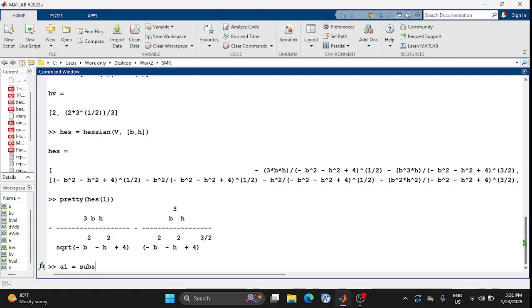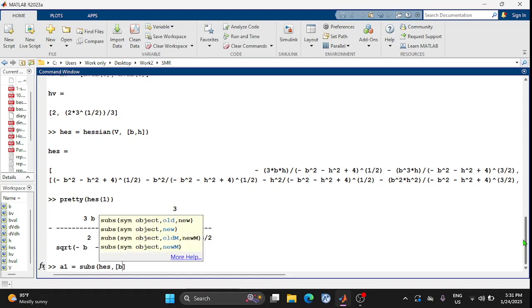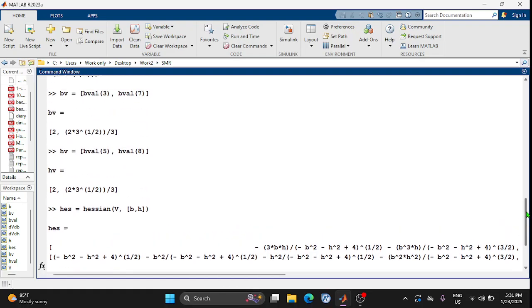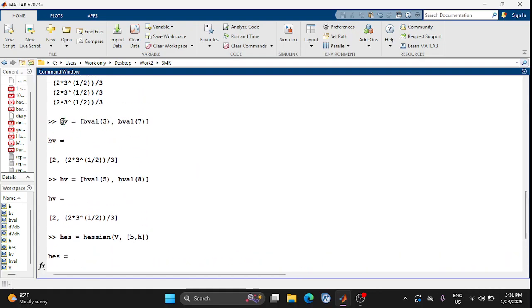I use subs, and I want to put it in this function, the Hess, and in place of B and H I put for B the first value of bv, and for H the first value of hv. For our bv, its first is 2, and hv, its first is 2. So for our first combination, we have 2 for B and 2 for H.